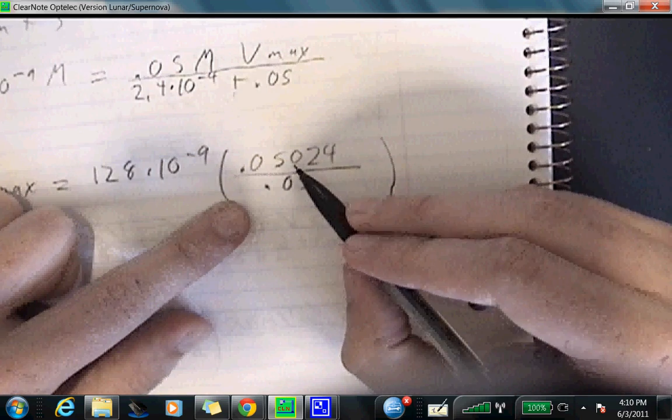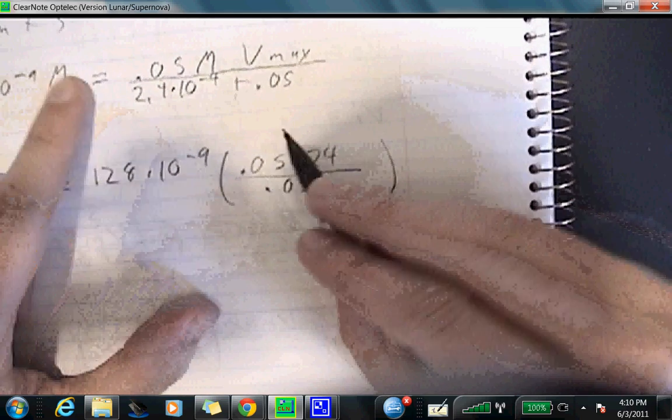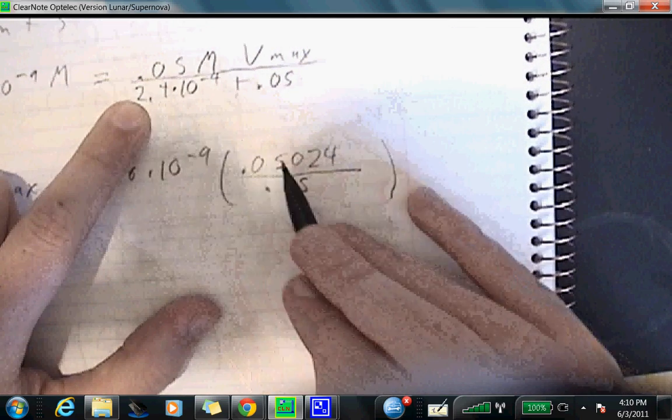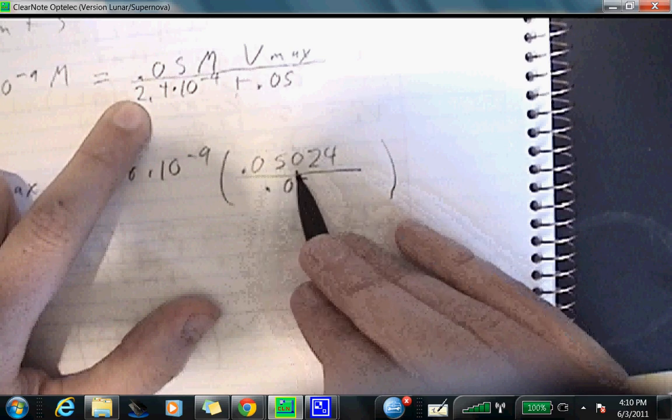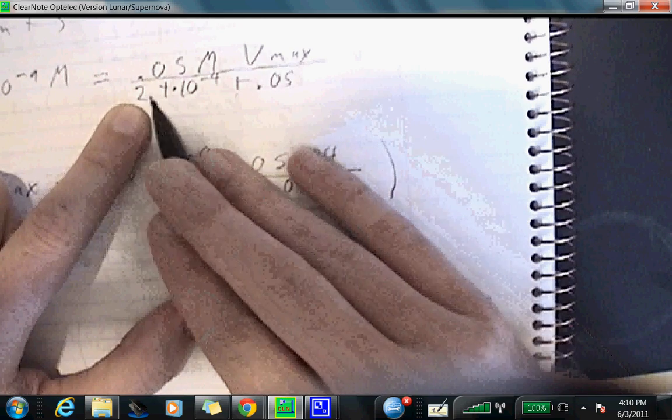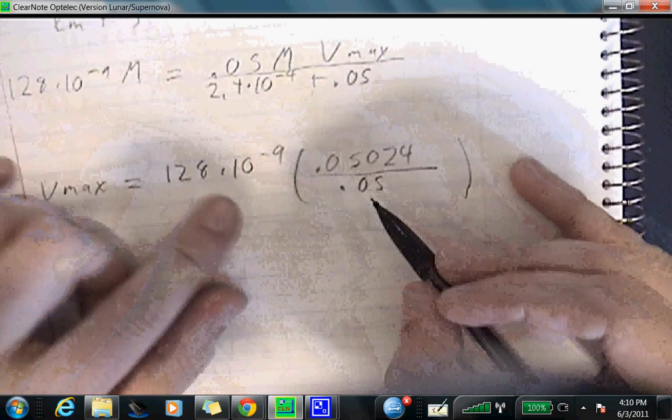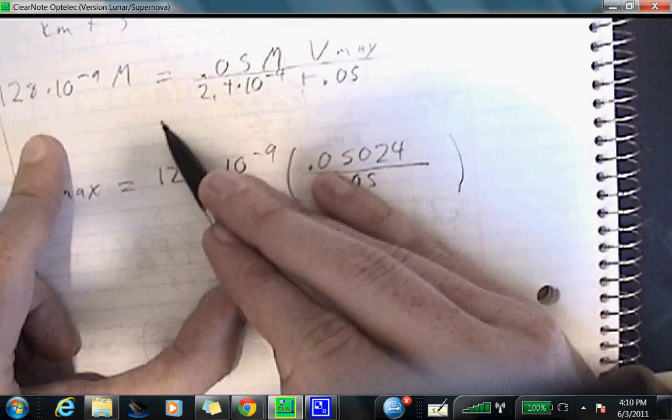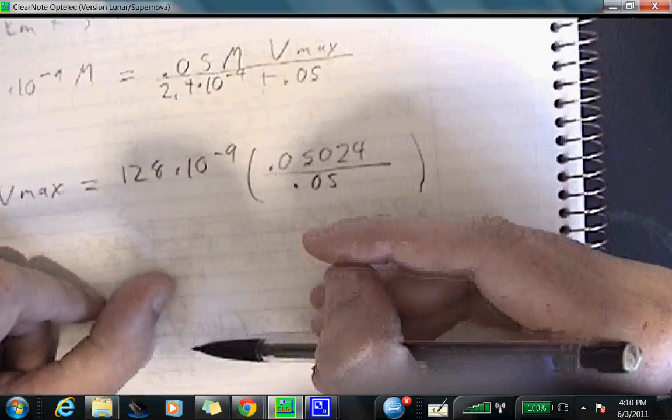This is basically 2.4 times 10 to the negative fourth added to 0.05, so this bottom part is now up here and this top part is now down there.